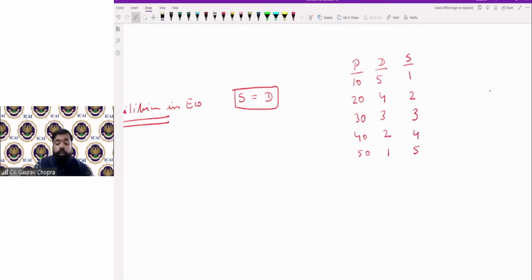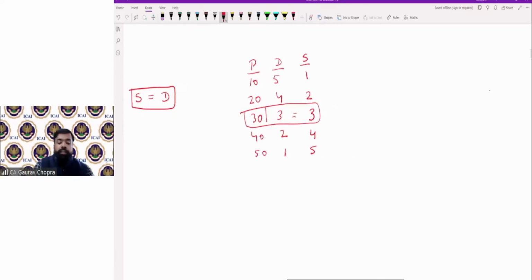So where demand and supply both are equal, the price gets determined from there. So from here price is 30, and you can make some diagram for that also, because demand curve is downward sloping, supply curve is upward sloping, and from here you can determine the price. So in this way you will be doing it in economics.